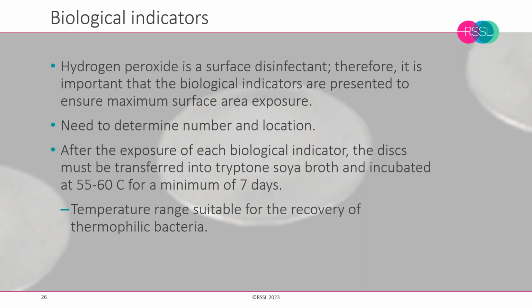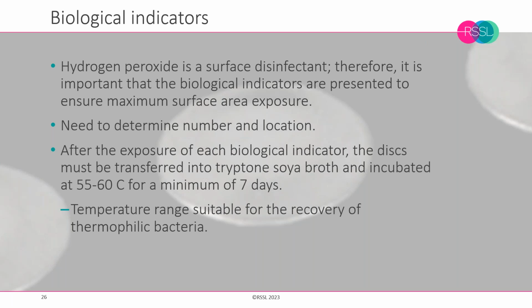The culture conditions are important for standard biological indicators. Because it's a thermophilic organism, we need to incubate those biological indicators at 55 to 60 degrees. The standard time is 7 days.